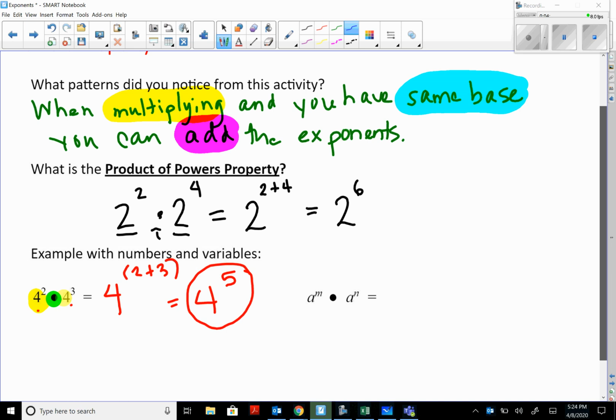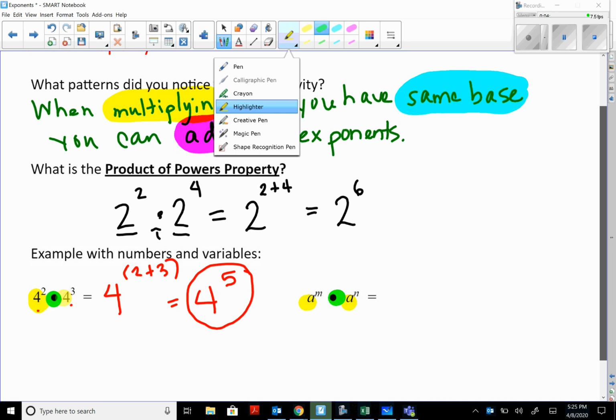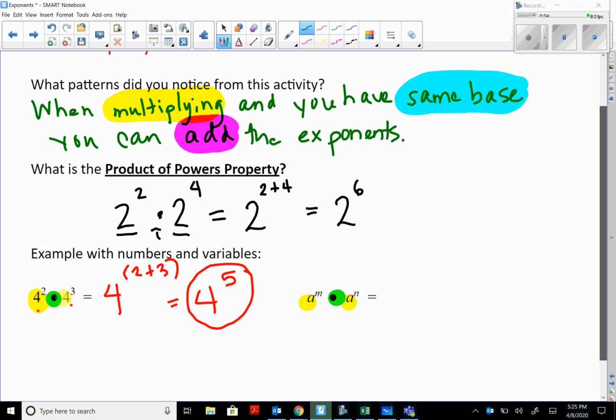All right, let's look at an example with variables. So if we have the same base for both of our numbers, we have an a here and we have an a here, and we also have a multiplication expression, which we do because then we have the dot. If that's the case, then you can use the product of powers property, which says that we're going to add the exponents.